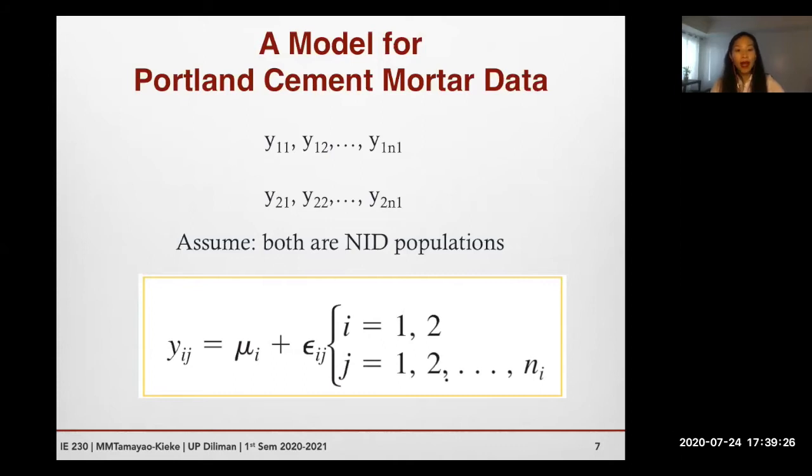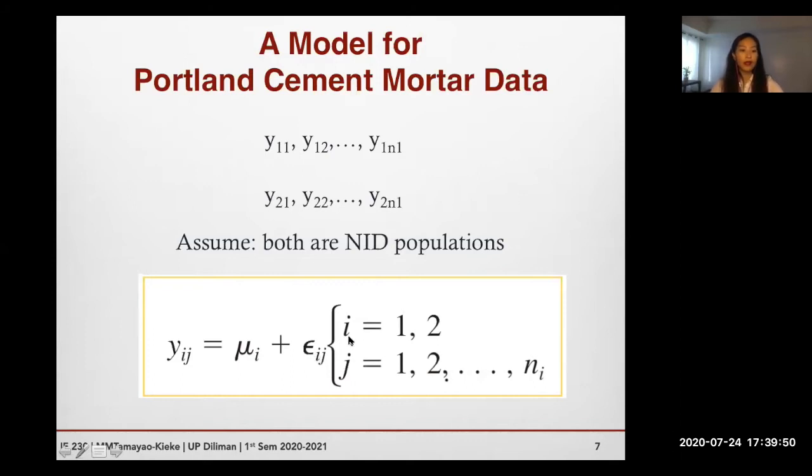Where y_ij is the jth observation for the ith factor level. Mu_i is the mean for the ith factor level, and eta_ij is the random error.